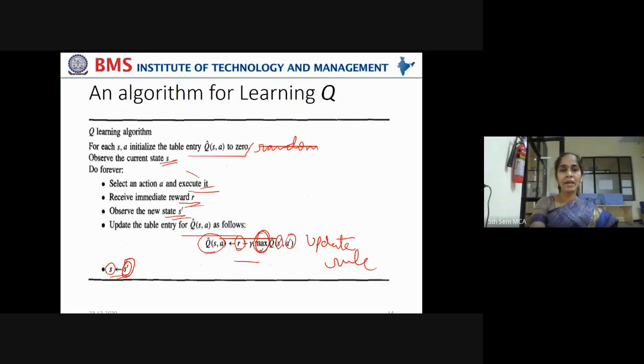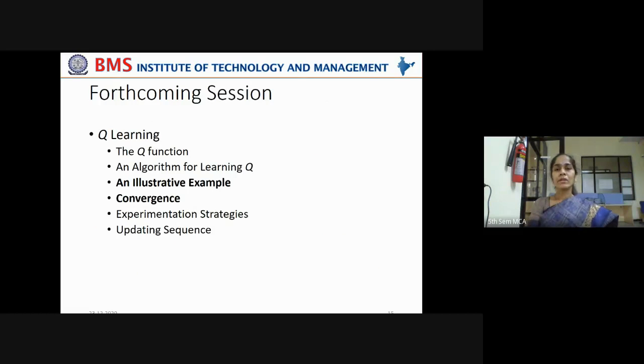It performs this entire sequence of steps again on the next state in order to learn the evaluation function Q. Got it, students? What are we trying to learn from the Q function? It helps us to evaluate what steps can be taken. It helps us to design the optimal control policy by helping us with the evaluation function Q.